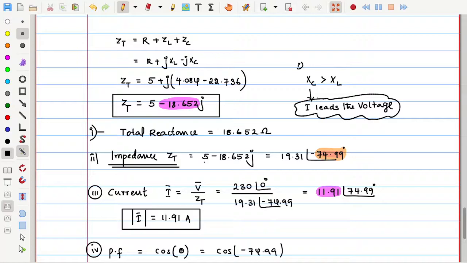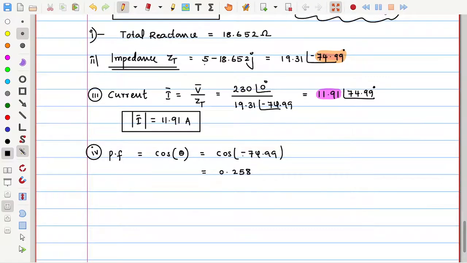If it is an inductor, the current lags the voltage. If the inductor is dominating, then the current lags the voltage. So the negative factor here will be named leading, because it is capacitive in nature. We will not say there is a difference between cos of plus 74 or minus 74, but that negativeness is said to be leading nature. In this way we can do the power factor calculations.